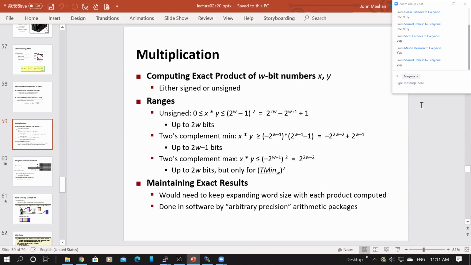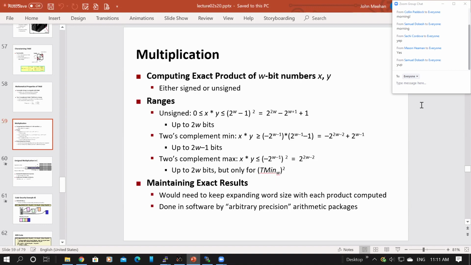There are, of course, software implementations of arbitrary precision arithmetic packages, which can make the thing bigger and bigger to hold whatever it needs to hold. But those are very slow compared to the opcodes doing the operations on the computer. But those libraries are available if you have a need for that sort of thing.